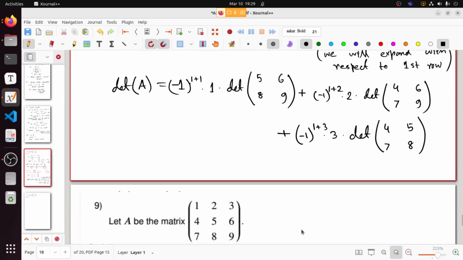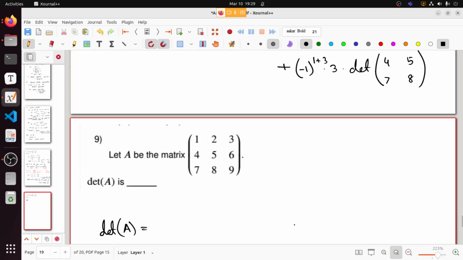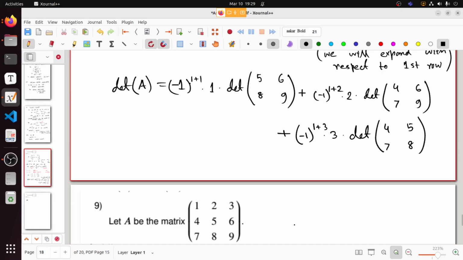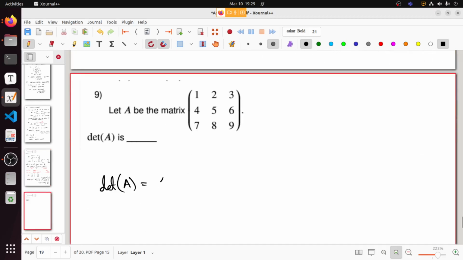Well, let me write it again here. So basically det of A will get, minus 1 to the power 1 plus 1, it's plus 1 into this. So this will get 1 into determinant of cofactor, this 5 6 8 9.